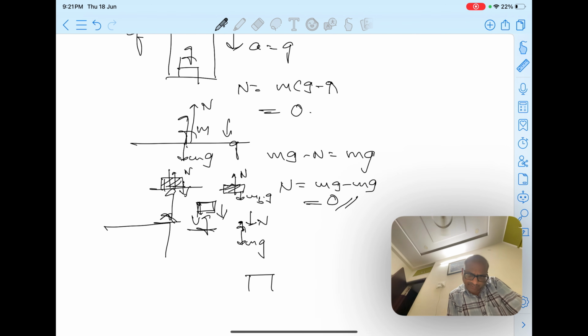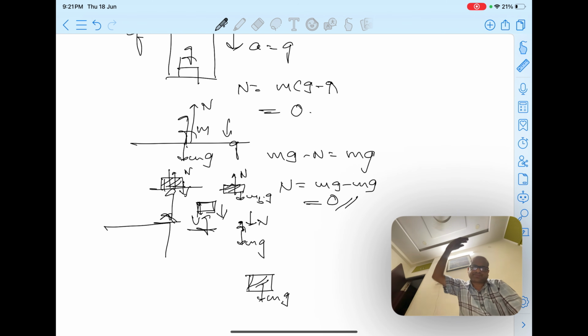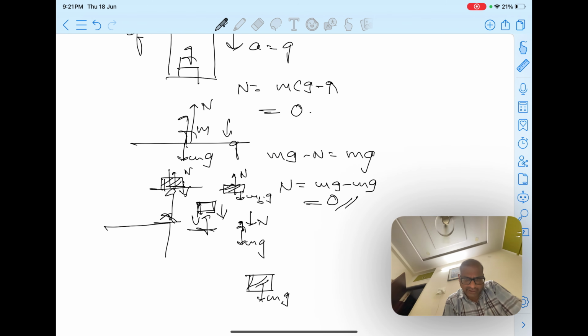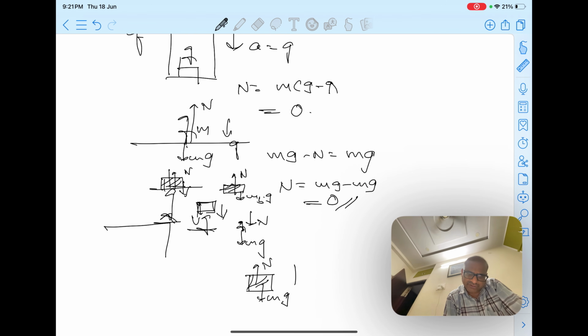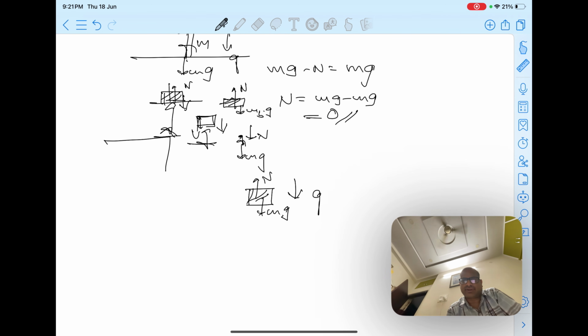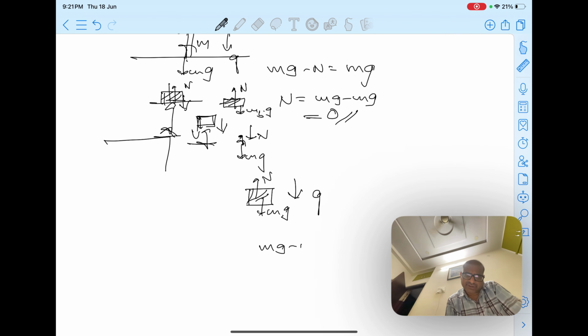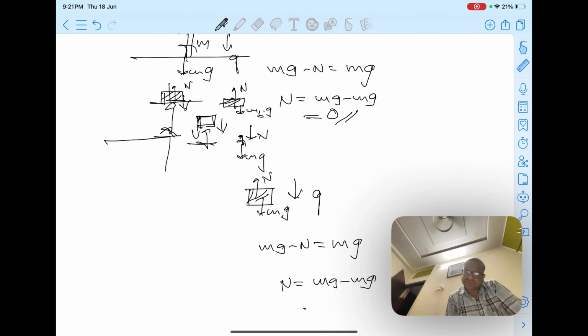Now if I draw the FBD of the box here, the box weight mg will be downward, and as the head of the man exerts force N on the box, that will be upward. The box as a result is also falling with g, and the man is also falling with his own weight mg. If you write the equation, mg minus N is equal to mg, N is equal to mg minus mg, which is also 0.